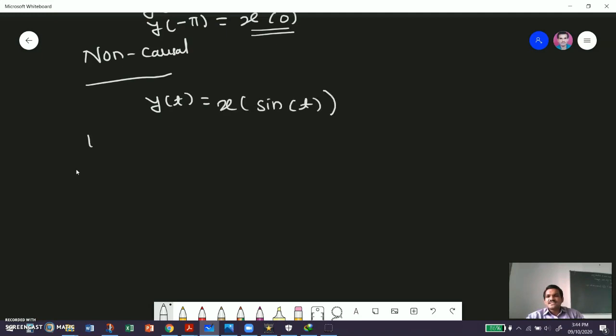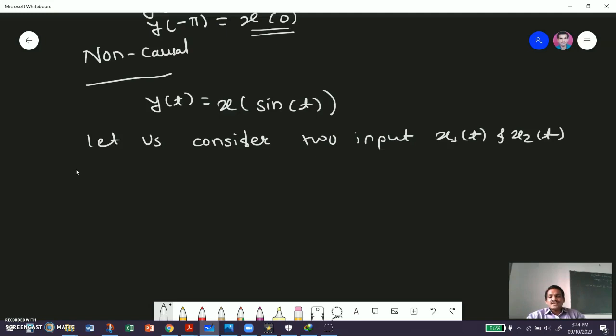To check the additivity and homogeneity properties, we require two inputs. Let's consider two inputs, x1 of t and x2 of t.